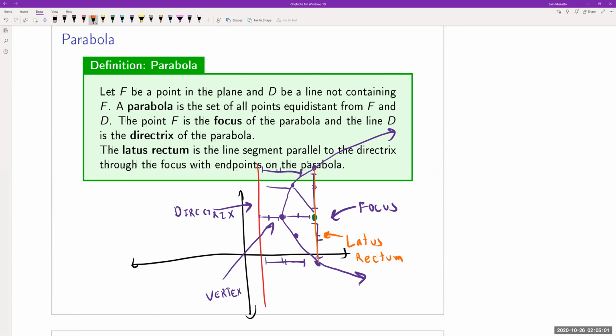Now, this is very important because it gives us some information about how the parabola is going to go, how long it's going to be.